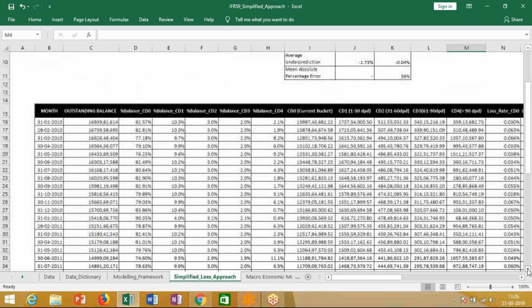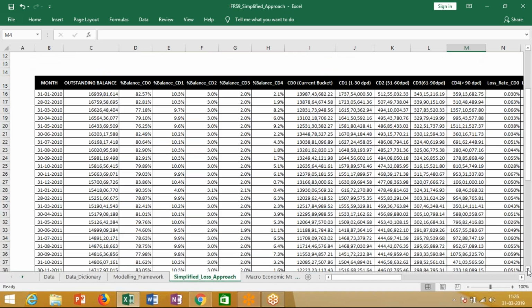So let's look into the third column, which is column D. In column D, I'm talking about a percentage balance in the CB0 bucket. You would see that all these values are aligned between 80 to 90%, right? Let me tell you the logic behind this.